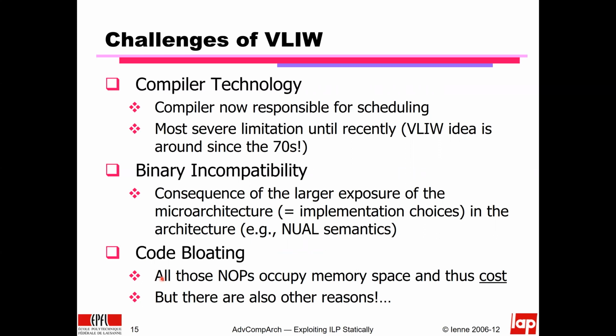We have this problem of the NOPs in the code, and this we need to do something about because it has some damaging effects, but at least at the first level of analysis, it is really not a big problem to solve.